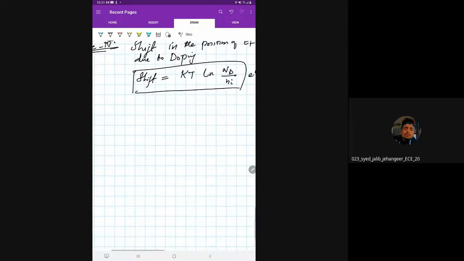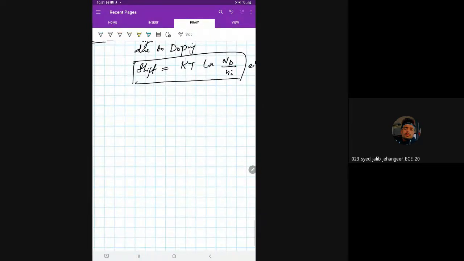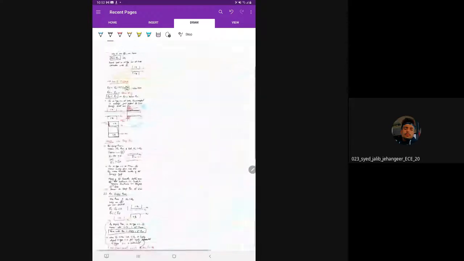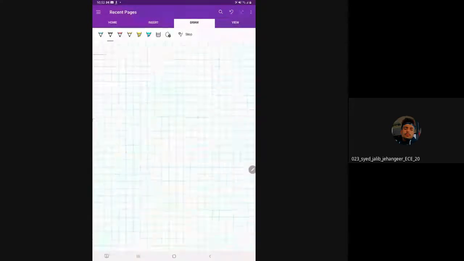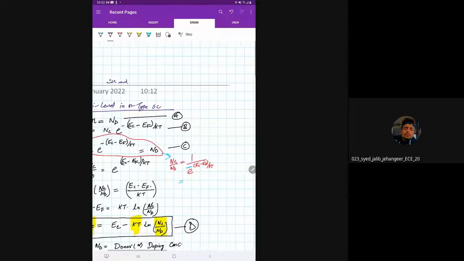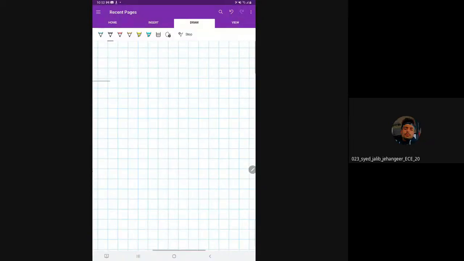Okay, now we'll come towards the Fermi energy level in p-type semiconductors. Let us start from here. So we have already discussed Fermi energy level in n-type semiconductors. We'll discuss the Fermi energy level in p-type semiconductors.